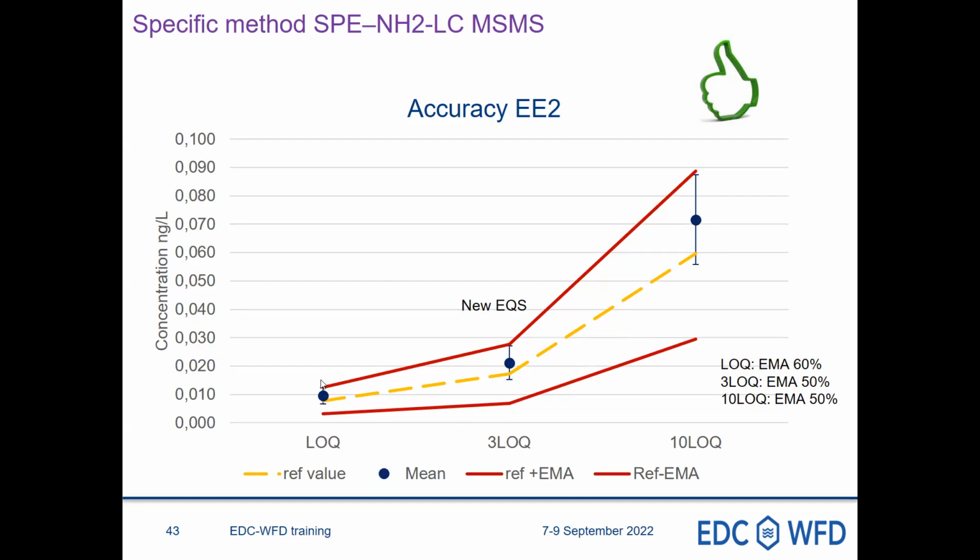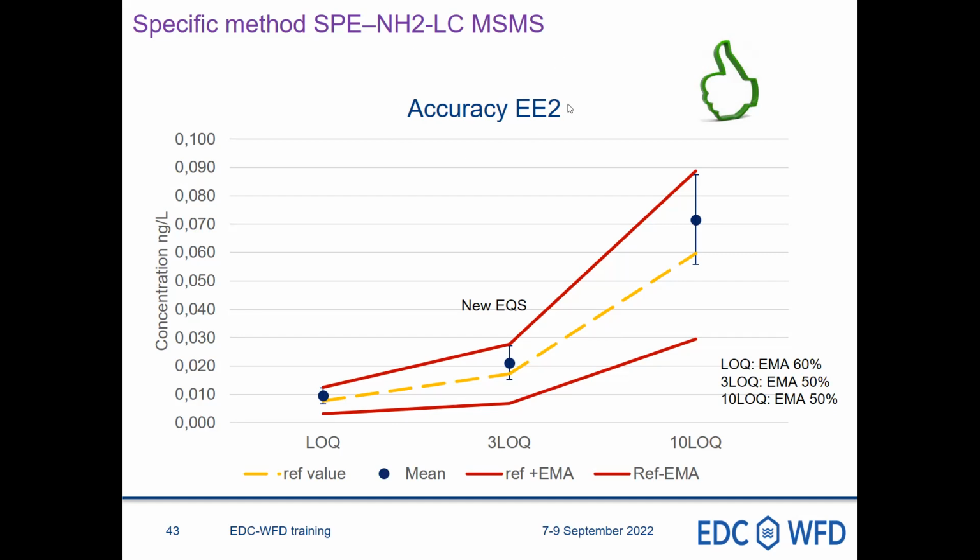At the LOQ, it was set for all the partners at 60%, and afterwards partners could choose the accepted EMR depending on their choice. So here you have the plot LOQ, 3 LOQ, 10 LOQ, and the picture of the concentration. It is for one method based on SPE, NH2 purification, and LC-MSMS.